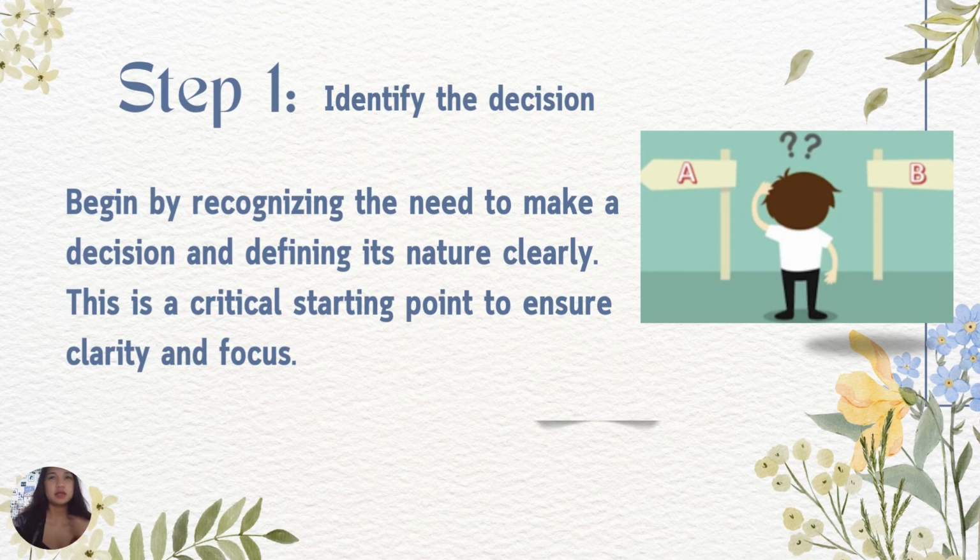Now I want to explain more about the seven steps. Step one is to identify the decision. Begin by recognizing the need to make a decision and defining its nature clearly. This is a critical starting point to ensure clarity and focus.